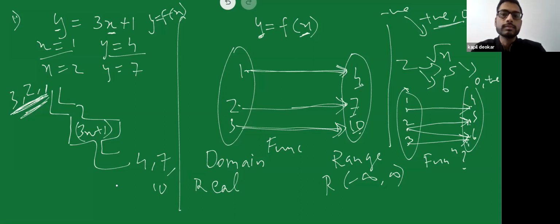You are not going to use such a machine where you don't know the output. Therefore, this machine is not going to accept this 2 as input because it will produce 2 outputs. Therefore, this is not a function. The reason it is not a function is because when you put one value into the machine, you get 2 values, or the relation over here is 1 to many. If there is a 1 to many relation, it is not a function.